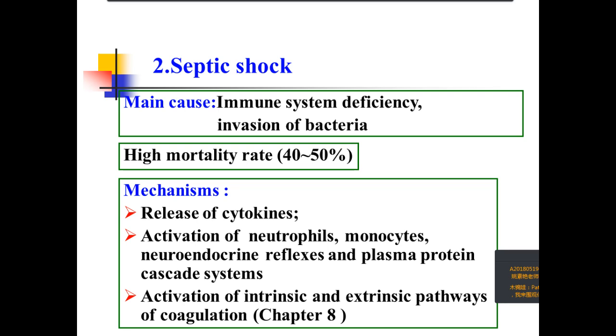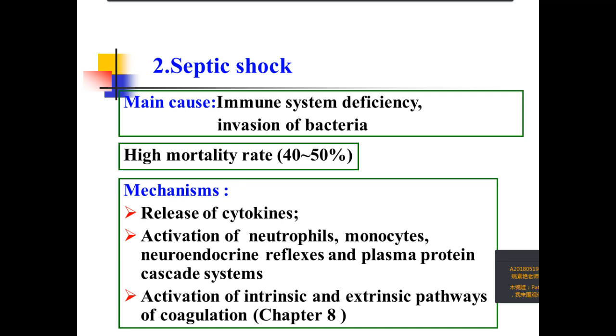Now, for example, kinin and 5-HT lead to vasodilation, so capillary dilation increases, venous return decreases, and ECBV decreases.